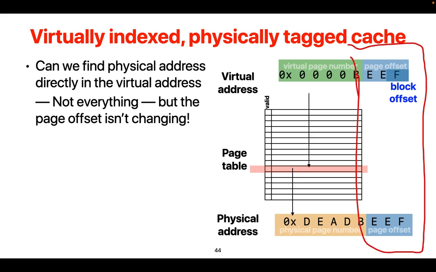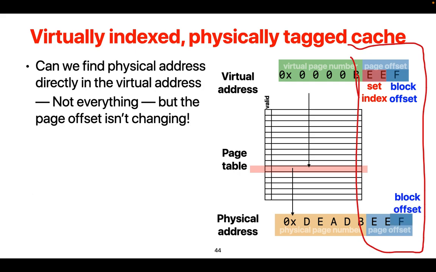So here's the thing. What if we make block offset and set index both parts of the remaining, unchanging parts? You can first use the set index and the offset to address which set may contain my data, and where in the block I have the data.